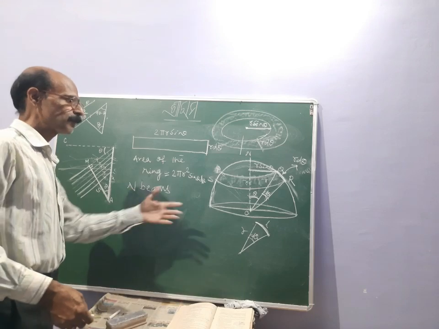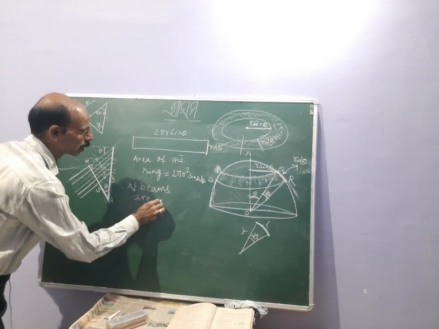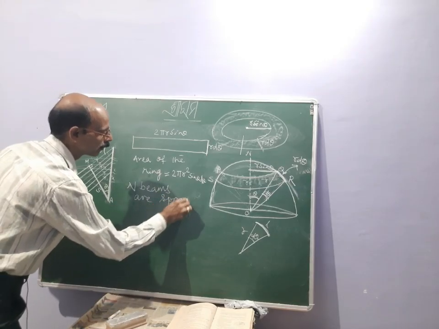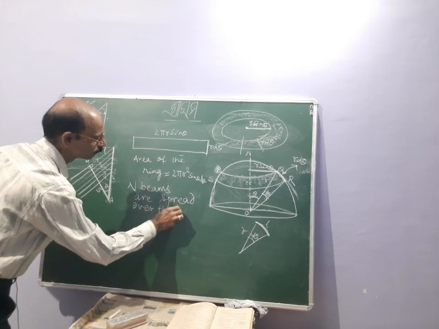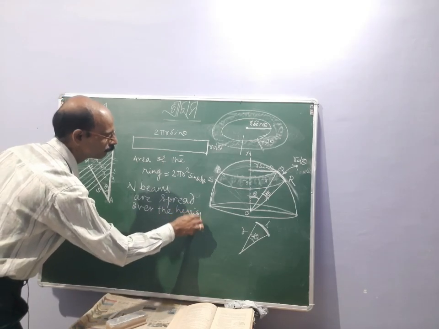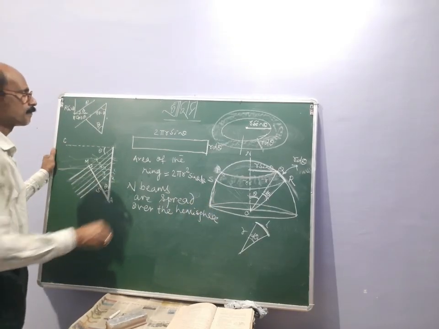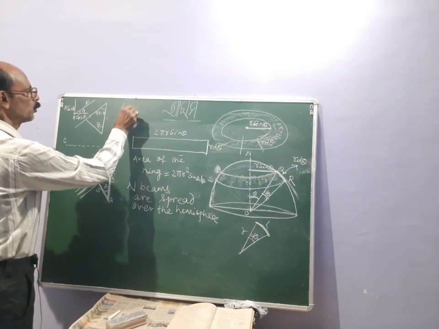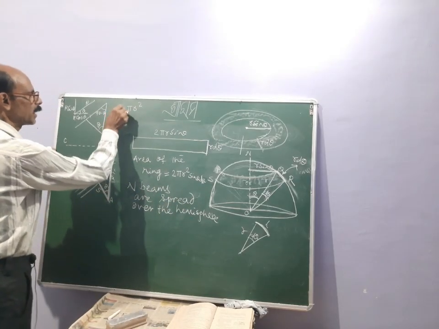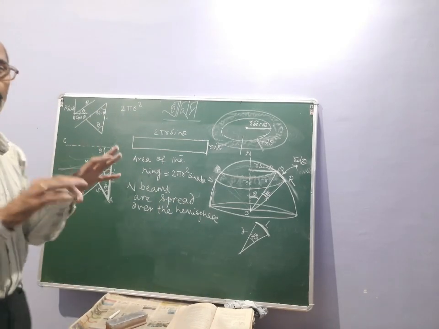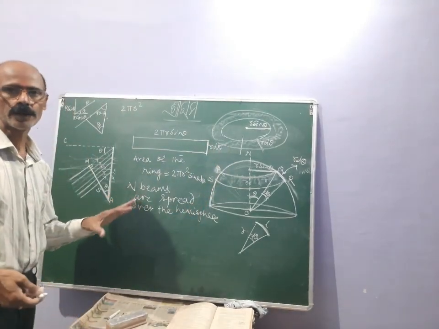N beams are spread over the hemisphere. हेमिस्फीयर का एरिया कितना है? टोटल स्फीयर का सरफेस एरिया होता है 4πr². ये हाफ ऑफ द स्फीयर है, सो 2πr². सो 2πr² सरफेस के ऊपर n बीम्स स्प्रेड हुआ है.